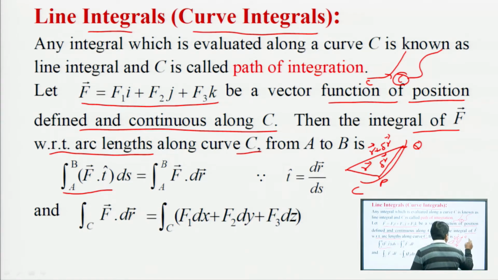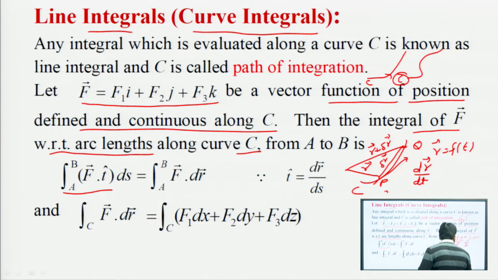So, if r is a function of t, then if q tends to p, this chord p q will become the tangent at p, and the vector d r by d t will be the tangent vector at this point p.